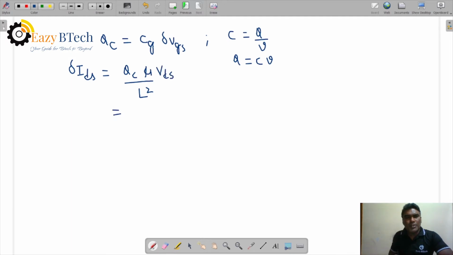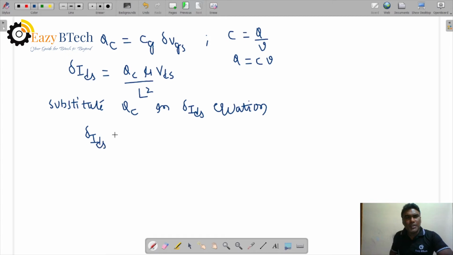Substituting QC in the IDS equation, you see what happens: change in IDS is equal to Cg into change in VGS, and the remaining term mu into VDS by L square. So we got this IDS.